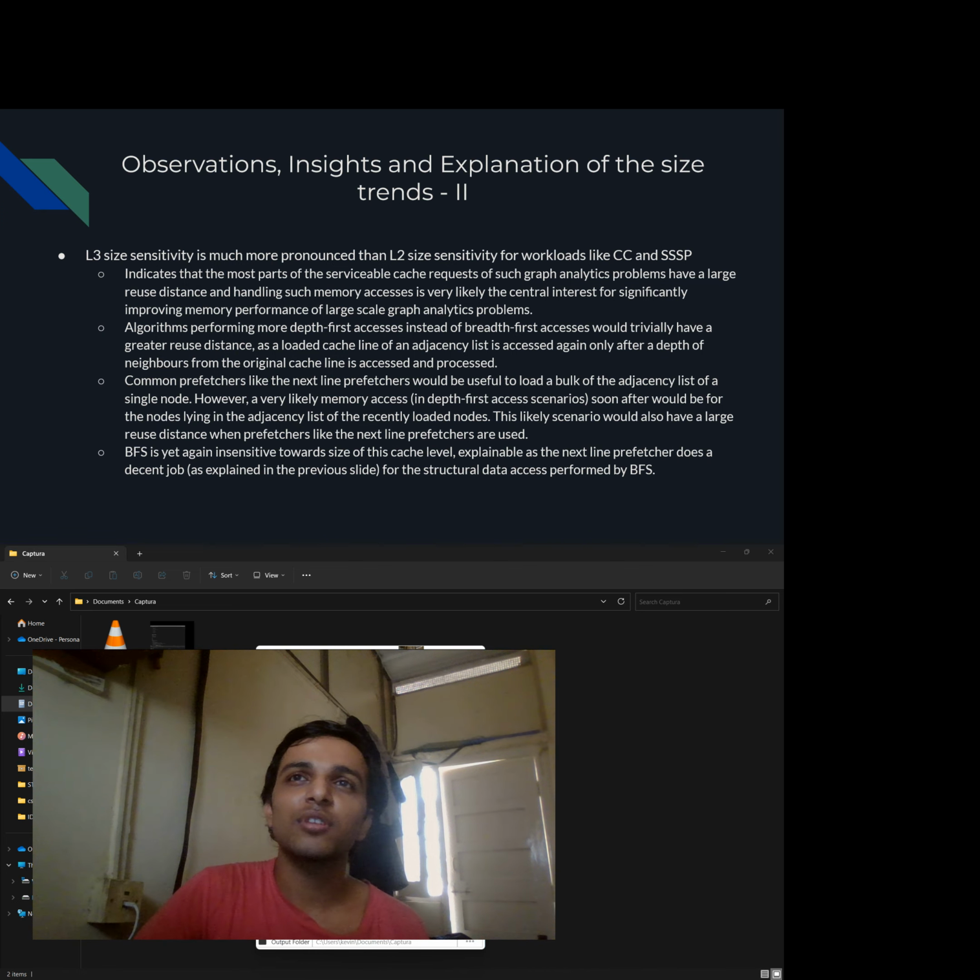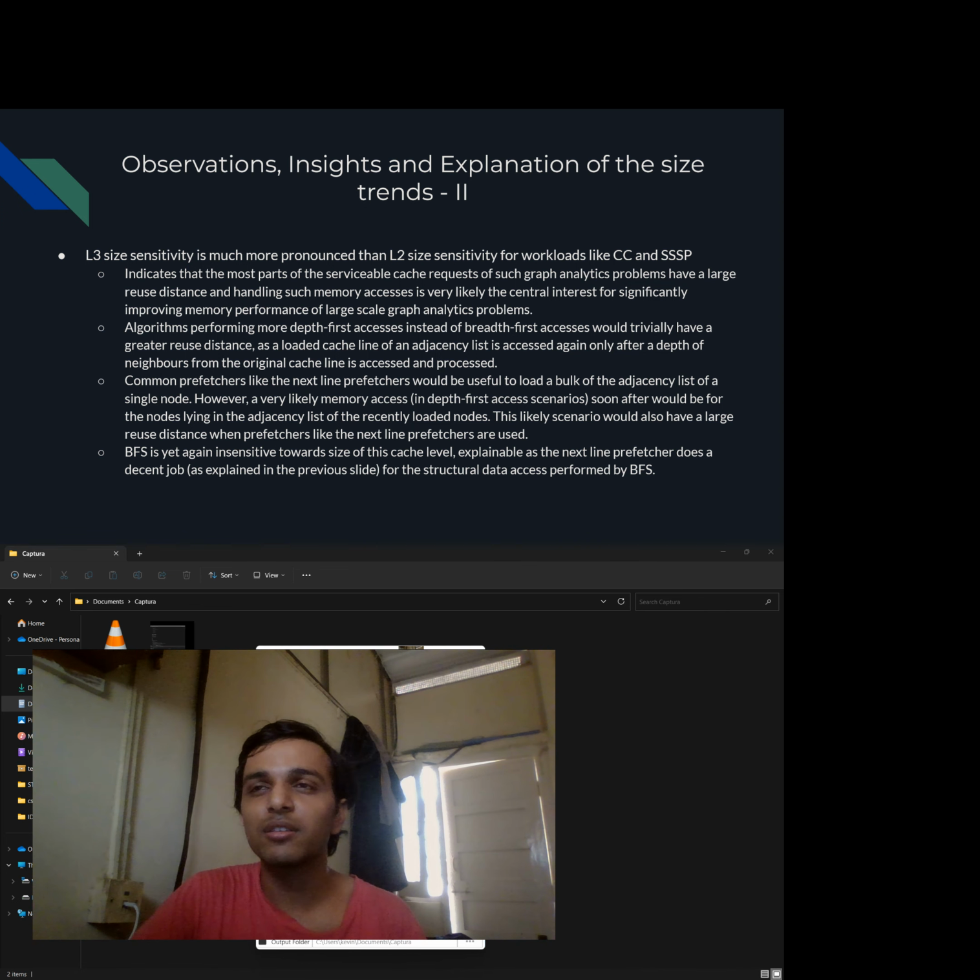So most of the serviceable cache requests of many important graph analytics problems lie in the range of L3 reuse range, and so these correspond to more depth first accesses, so that when a cache line is loaded, more depth of the nodes in the cache line are accessed before the same cache line can be accessed again, and hence the high reuse distance.